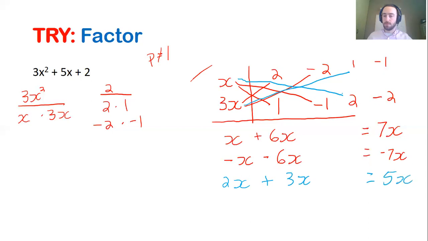Doing the addition at the bottom is giving us 5x. 5x is our middle term. We are done. Now we simply write out our horizontal factors. So in this case, it's x plus 1 and 3x plus 2.